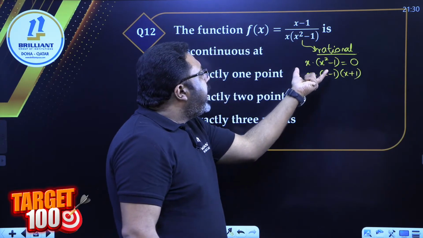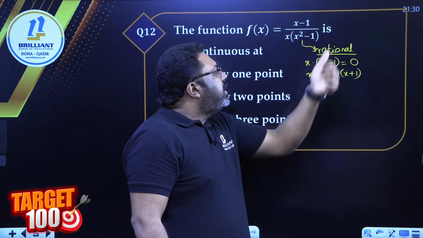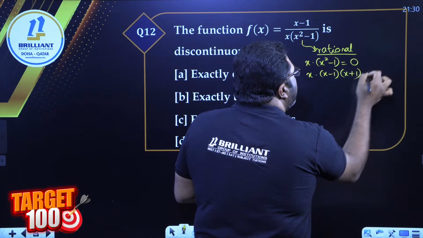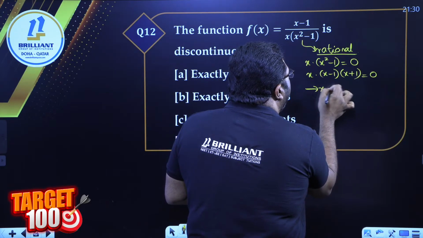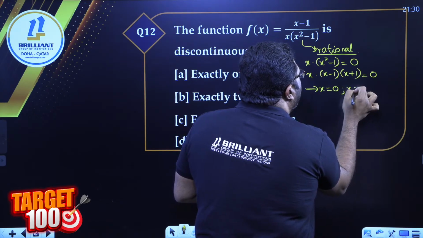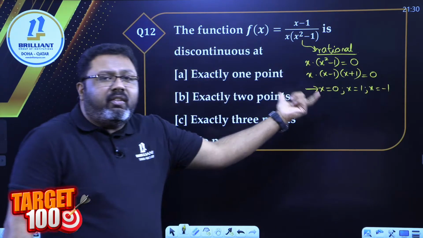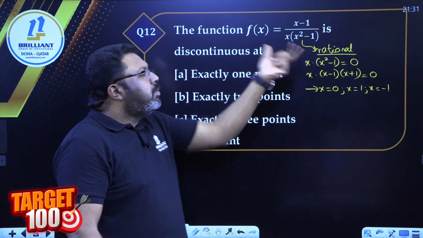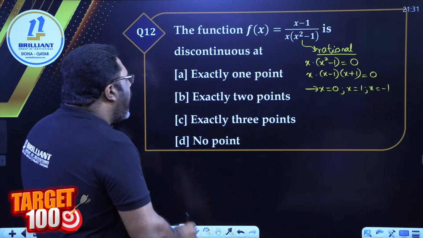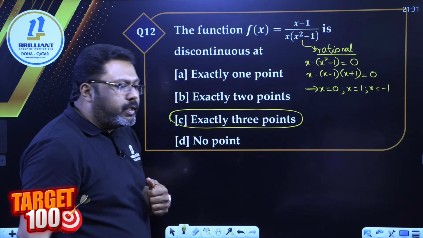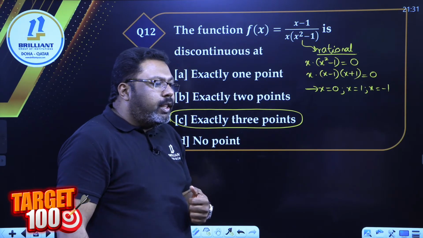You can see x squared minus 1 is like a squared minus b squared, which is a minus b into a plus b. So what are the values of x? x equal to 0, x equal to 1, x equal to negative 1. I have 3 values of x which can make my denominator 0, and I would say my answer is option C, exactly 3 points.